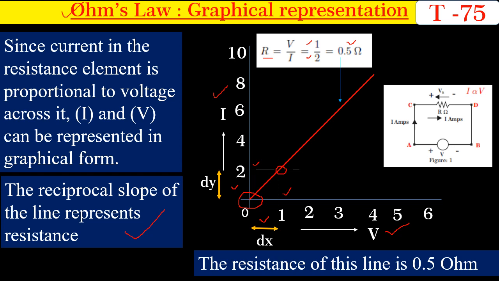Because when we take the slope of the line, we take the small change in y, that is dy, and a small change in dx, and because dy and dx are very small changes, the resistance at the origin also is equal to 0.5 ohm. This you have to understand.